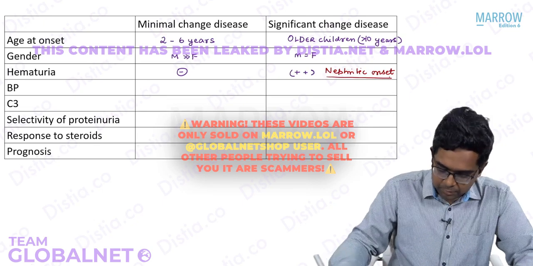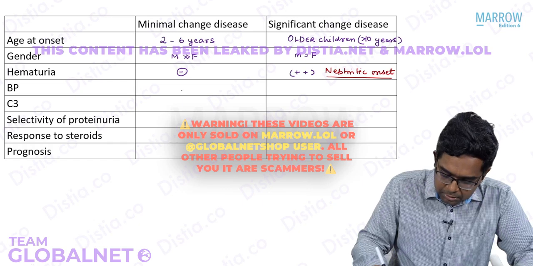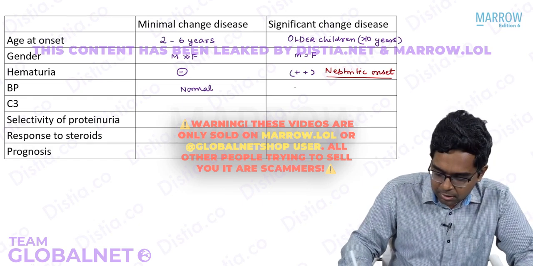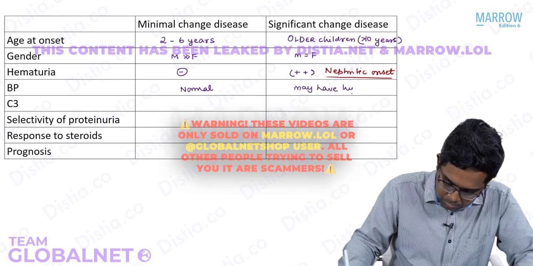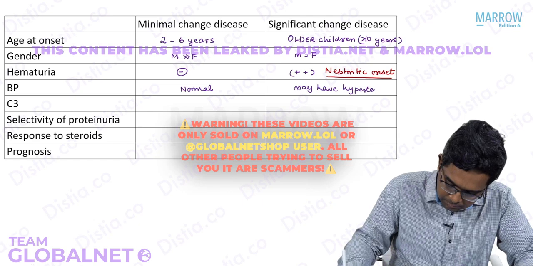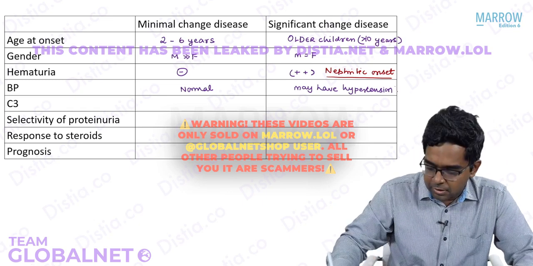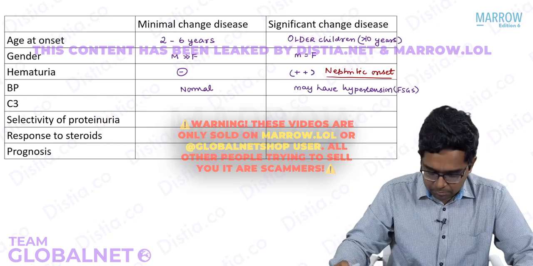Next is regarding the blood pressure. In minimal change disease, blood pressure is usually normal, whereas significant change disease may have hypertension. Especially the cases of FSGS can have high incidence of hypertension.